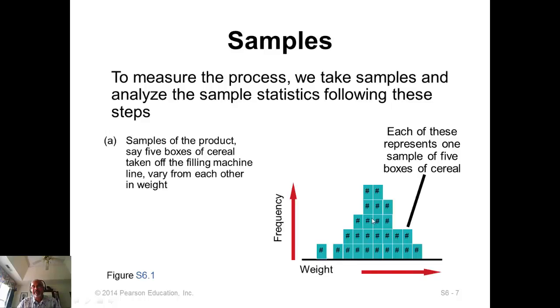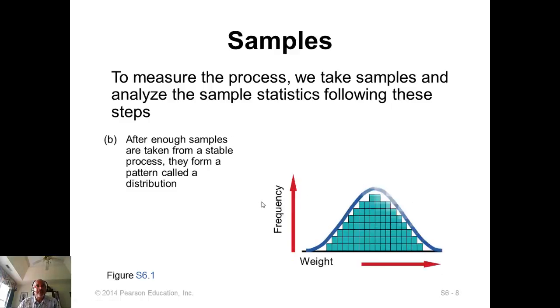When you plot the averages, the X bars, you'll see a normal distribution. After enough samples are taken, not just one or two but several samples, you will see the distribution taking shape. If it is operating properly, if it is in control, then the pattern of the distribution will be something like this.